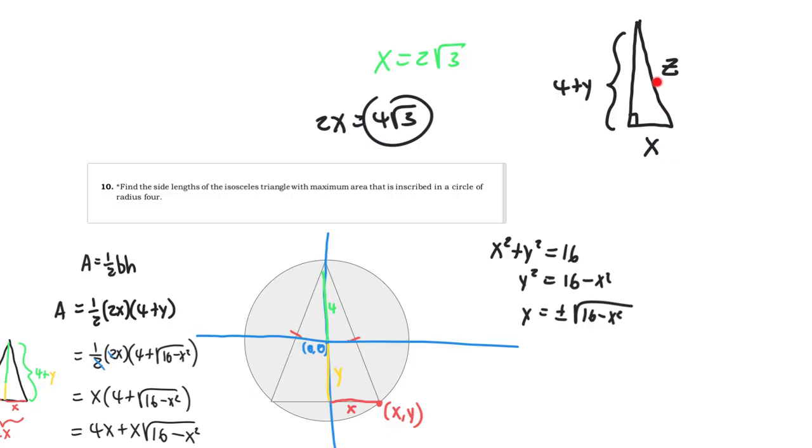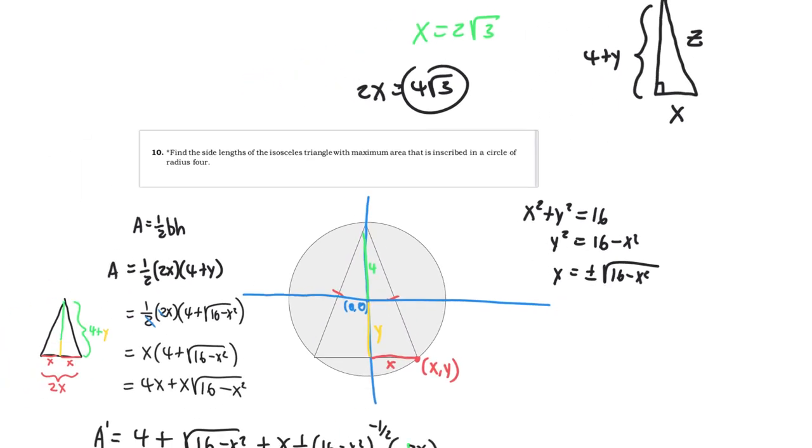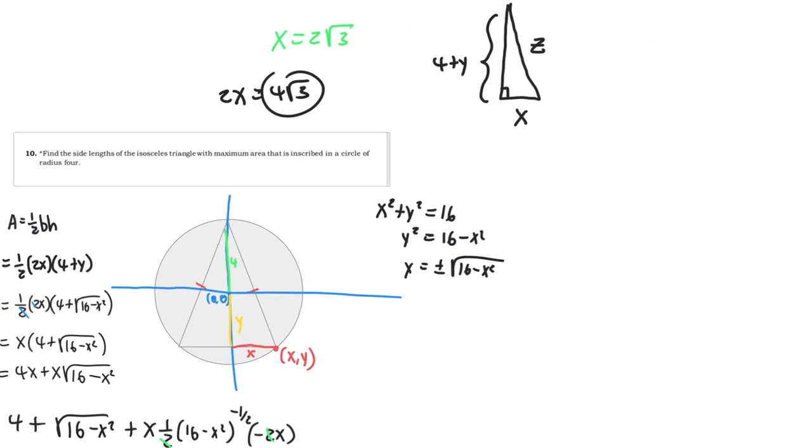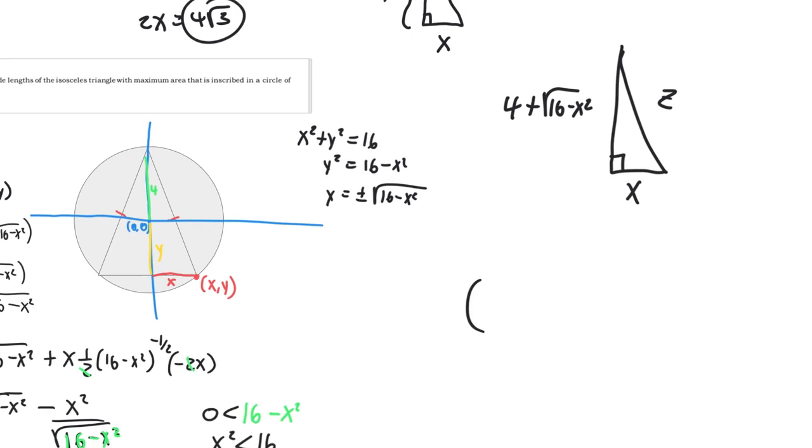Now, let's go on a mission to find out what z is, which is right here, and that's also z. So my student watching, I think, understands that y is really radical 16 minus x squared, according to this information, right? So we really have 4 plus radical 16 minus x squared on that side. And then we have x, and then we have z. So Pythagorean theorem, of course.